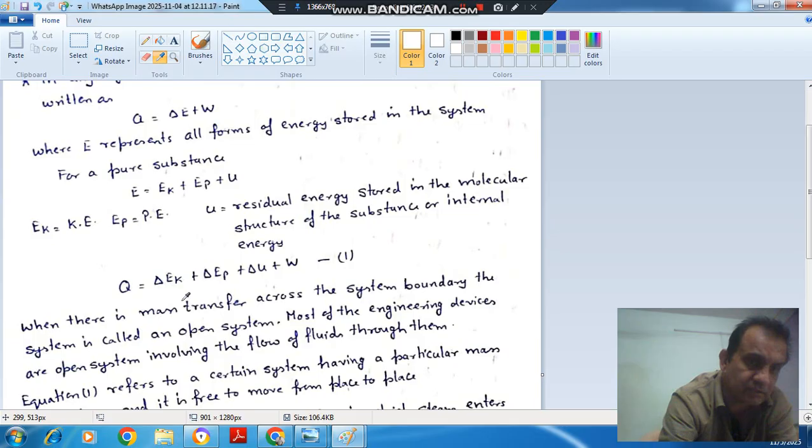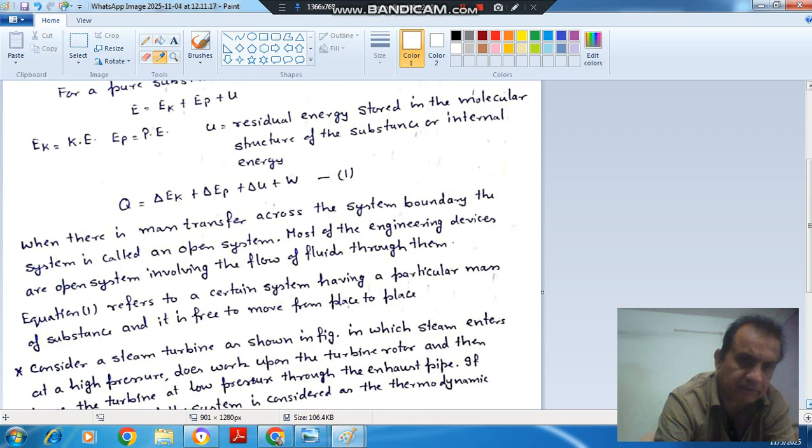It means there is some inflow and some outflow, that's why the energy will change. When there is mass transfer across the system boundary, the system is called an open system, and that's why kinetic energy and potential energy will change. Most of the devices that we consider in practical application are open systems.